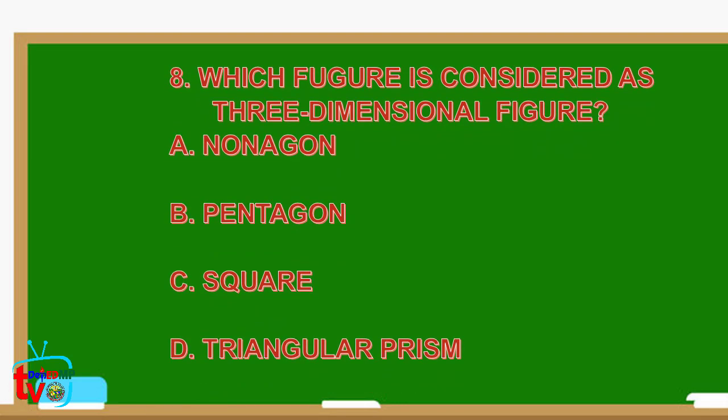Number 8. Which figure is considered as three-dimensional figure? A. Nonagon. B. Pentagon. C. Square. And D. Triangular prism.